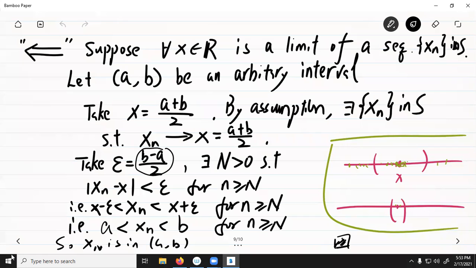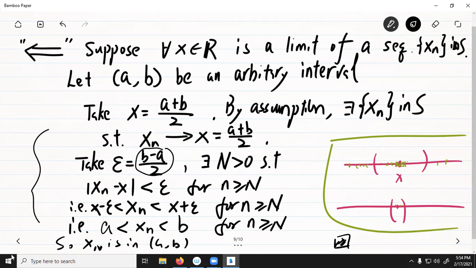It makes sense that no matter how small the interval is, a sequence converging to the middle point must be inside it, otherwise it would not be convergent. But you should tell me using math language.